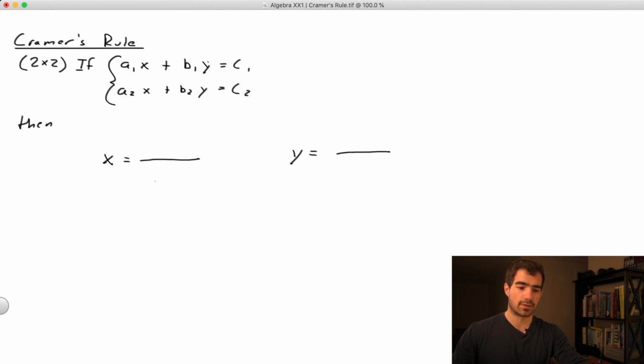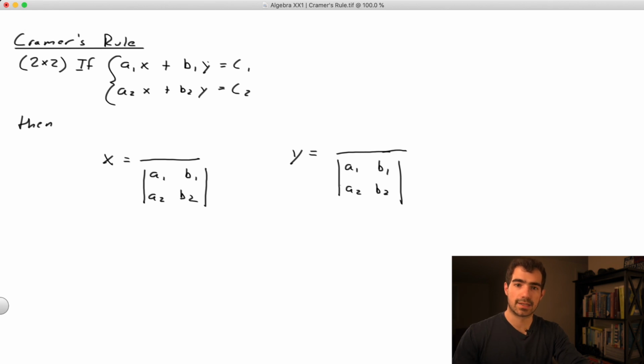The denominator of both will be the determinant of the four coefficients of X and Y. So A1, B1, the coefficients from our first equation in the first row, and then A2, B2, the coefficients of our second equation in our second row, keeping the X coefficients all in the first column and the Y coefficients all in the second column. That's going to be the determinant in the denominator for both the solution of Y and X.